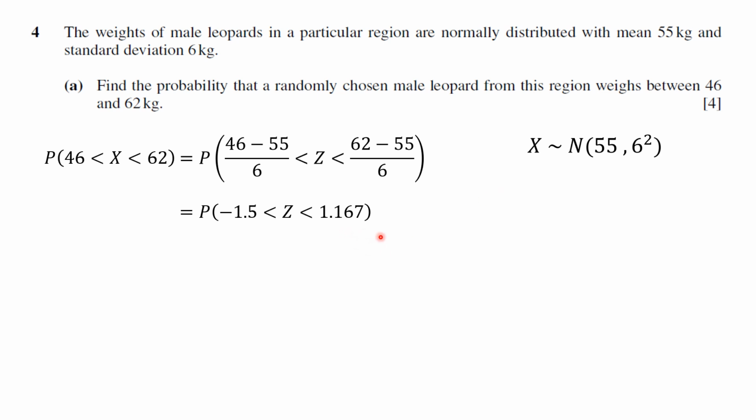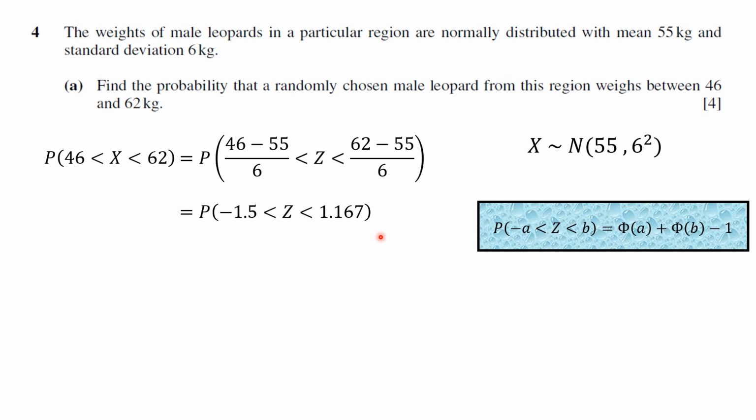1.167. So we know that the probability of z is greater than negative a and less than b is equivalent to phi of a plus phi of b, subtract 1, which means it is going to be phi of 1.5 plus phi of 1.167, subtract 1.